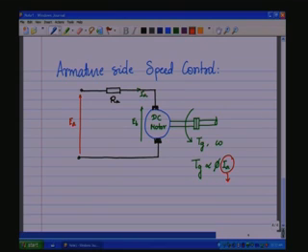Now, the armature current can be changed either by changing EA, or by changing IA itself by interposing a resistance in series with RA and making that variable. Let us say RS, or R series.